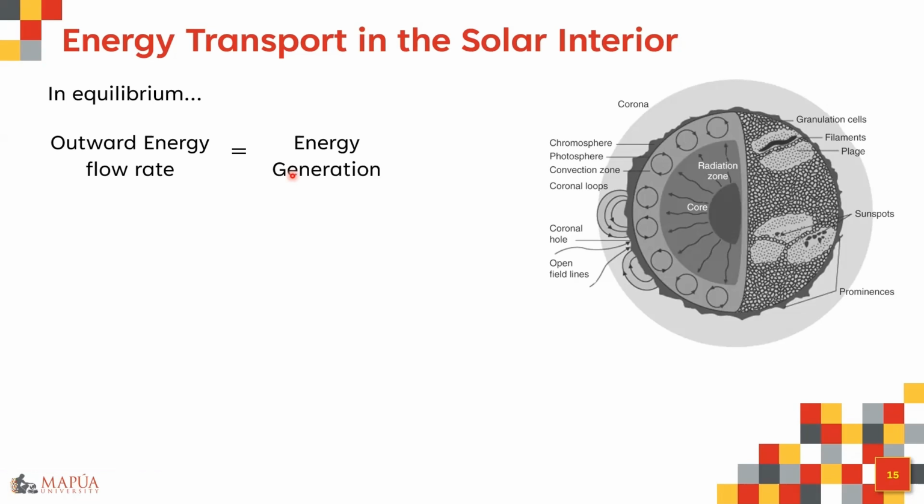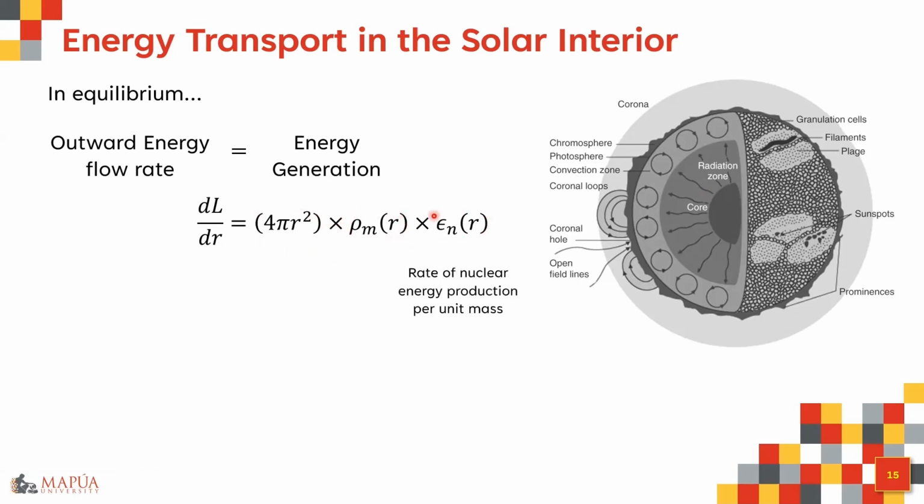The amount of energy generated is equal to the product of the surface area at a certain distance r, times the density, times the rate of nuclear energy production per unit mass. So this is the area, this is the density, and this is what we call the rate of nuclear energy production per unit mass.